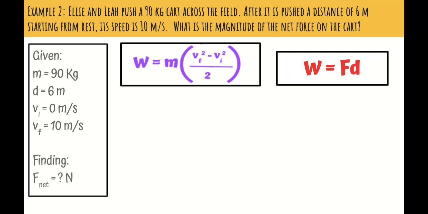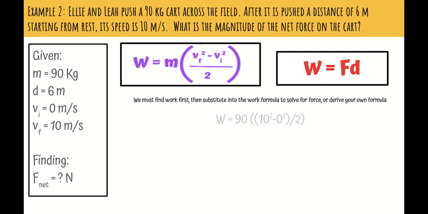So we are going to first use the purple formula and solve for work, and then we can come back in and substitute work into the red formula with the distance that's given to solve for the force. You could also derive your own formula using these two if you would like. So here we're going to do it the method that I described.